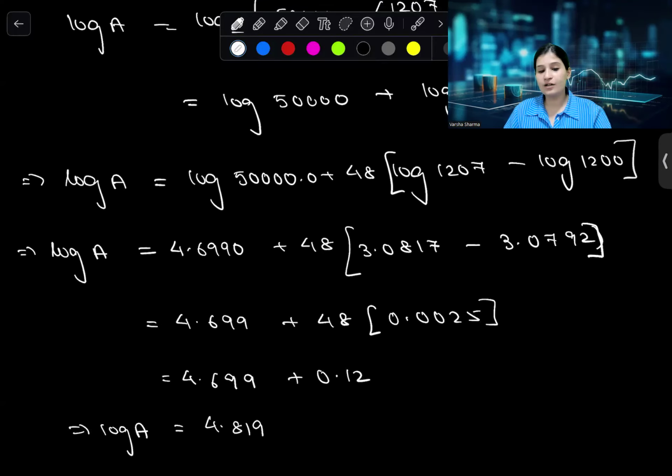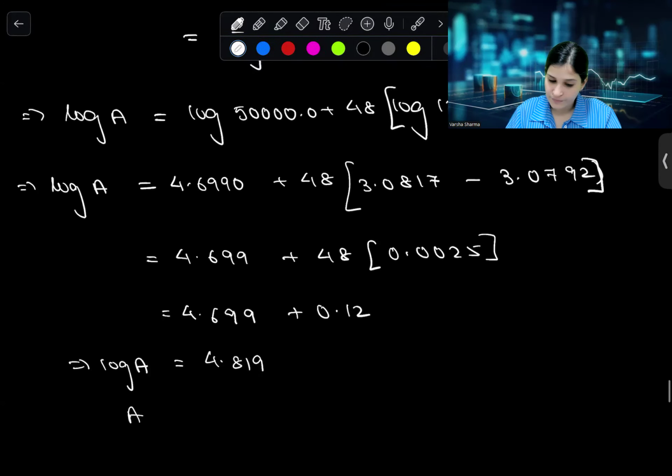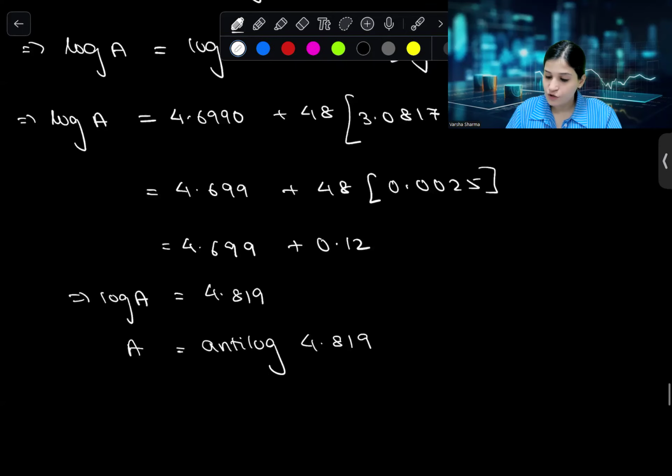Now when we need to find A, what will we do? Take the anti-log of 4.819. In the anti-log table, see 0.81 and the ninth position: 6592.